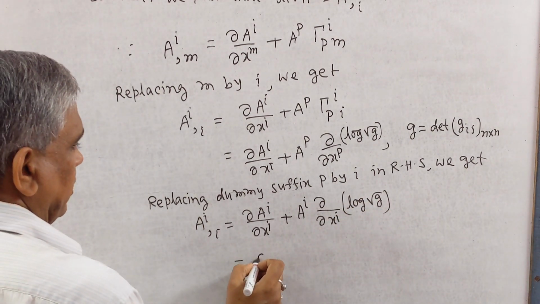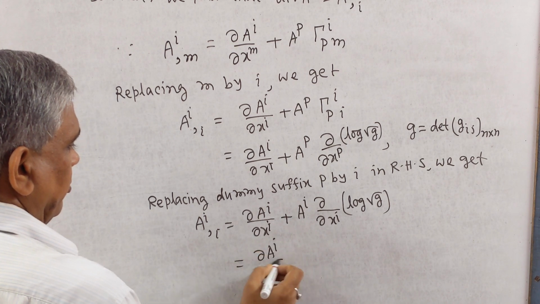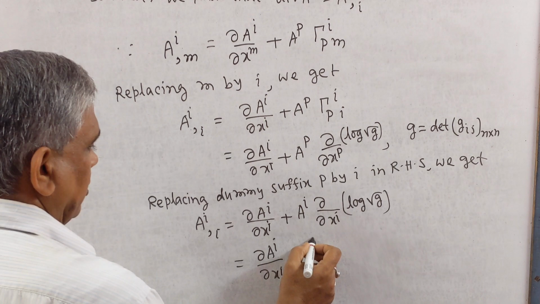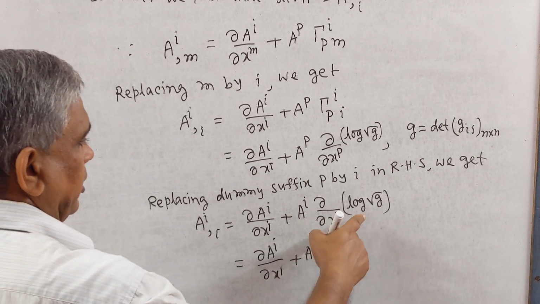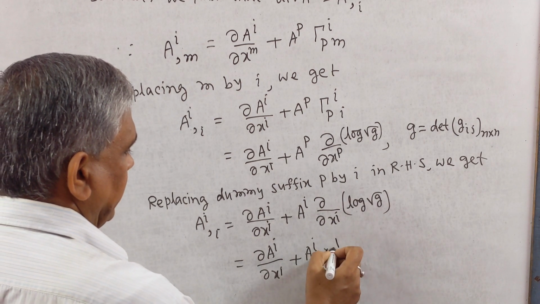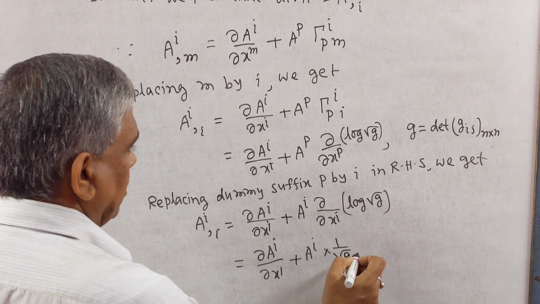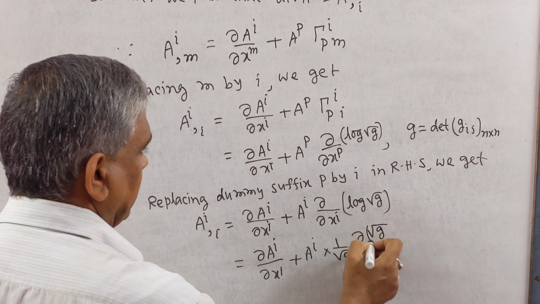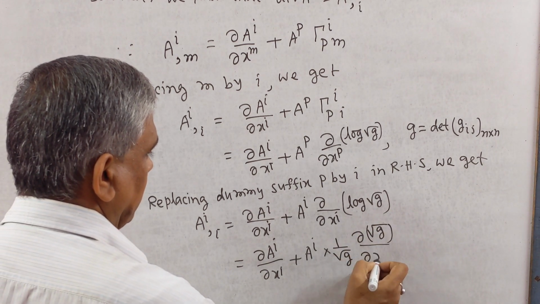This equals del A^i by del x^i plus A^i, and the derivative of log square root g is 1 by square root g del square root g by del x^i.